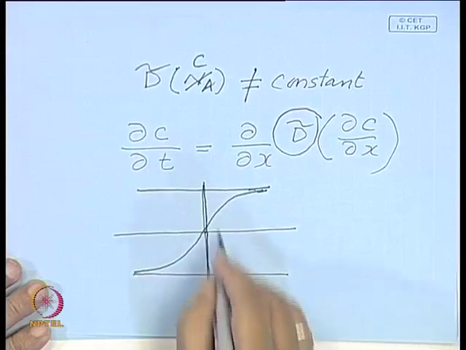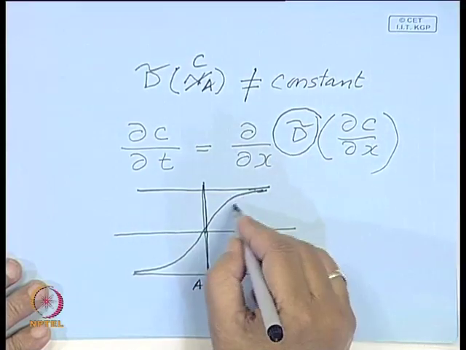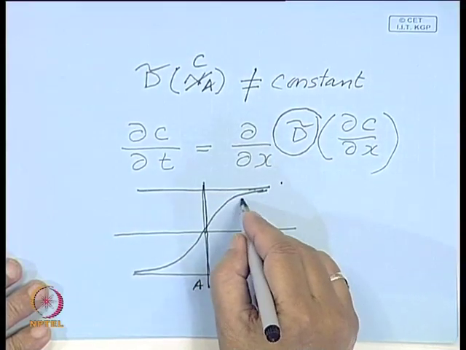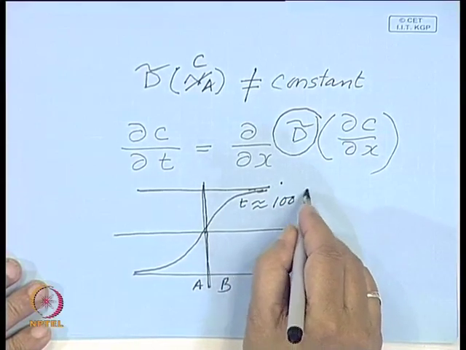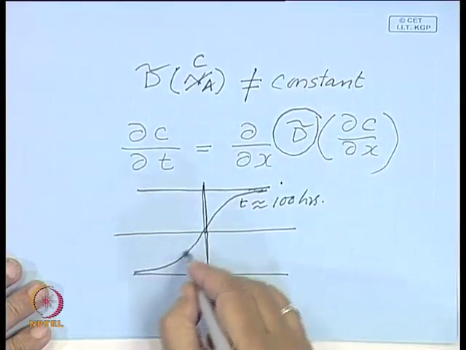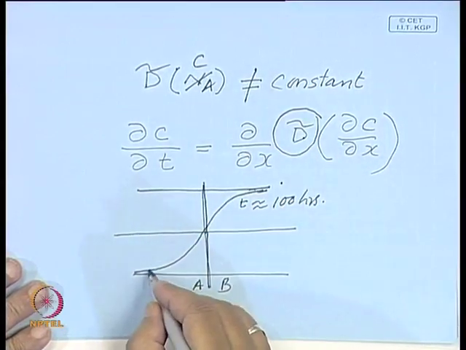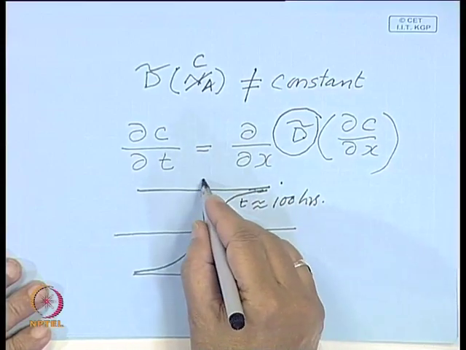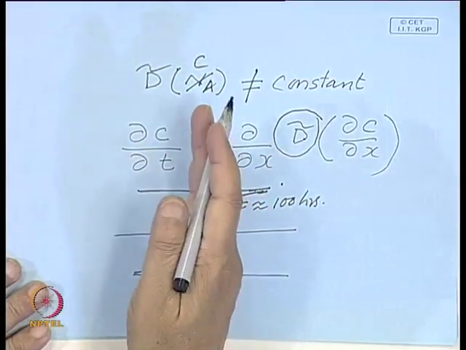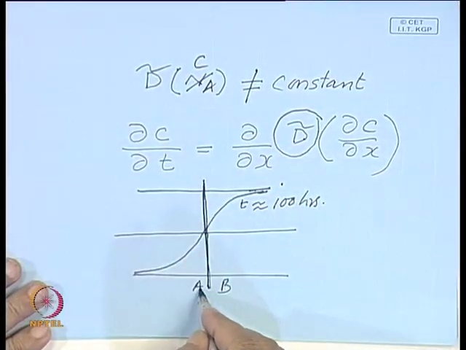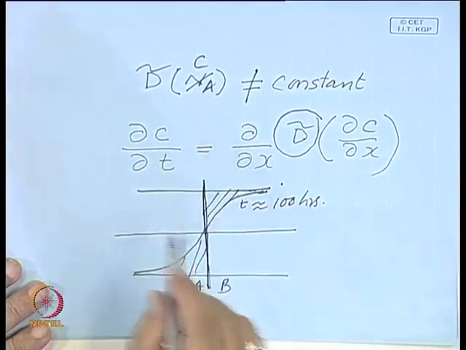So, this is your initial interface between A and B, and after a time t, say 100 hours, you get a profile like this. If you assume D to be constant, then this profile will be symmetric about this interface between A and B, and this area and this area will be equal.